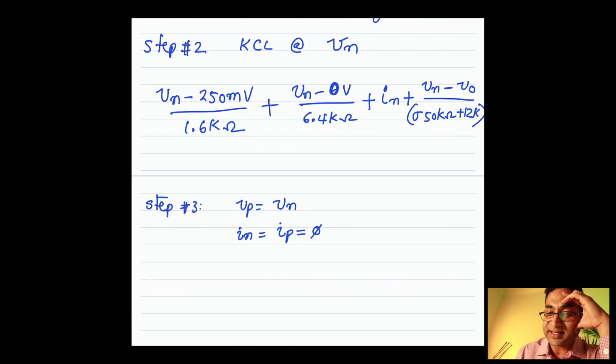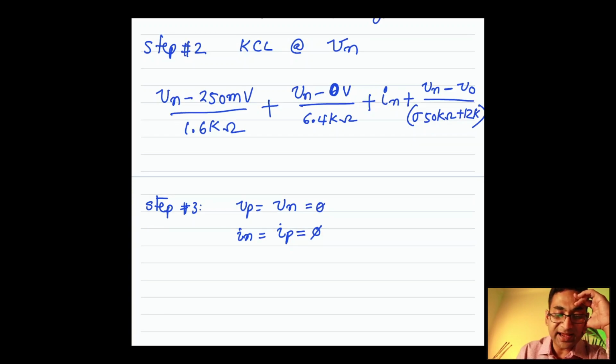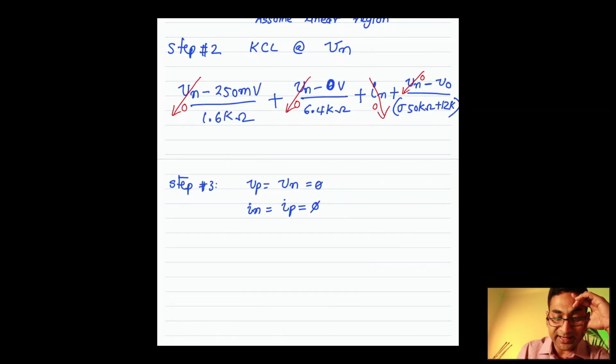Therefore Vp is 0, which makes Vn also equal to 0. Now you see, here are the rules again, turning out to be your friends. All of these terms drop off to 0.